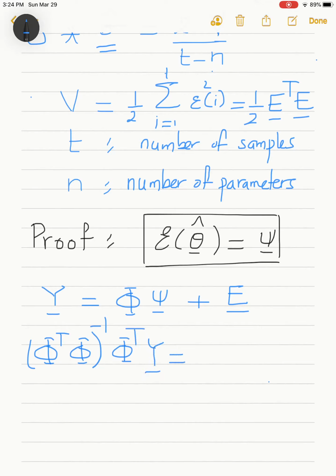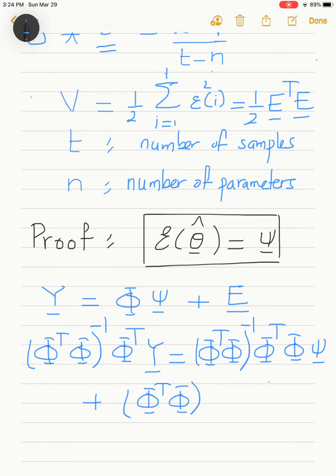So in the right hand side of the equation, I will have phi transpose phi inverse times phi transpose phi psi plus phi transpose phi inverse phi transpose E.